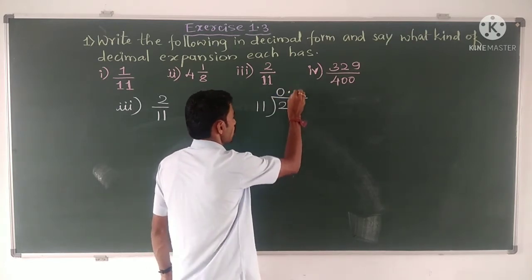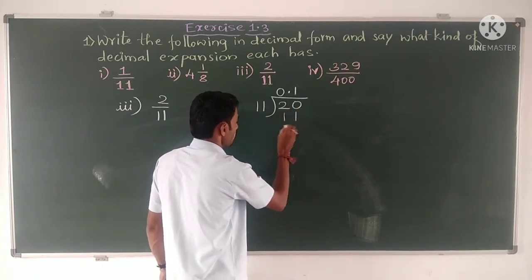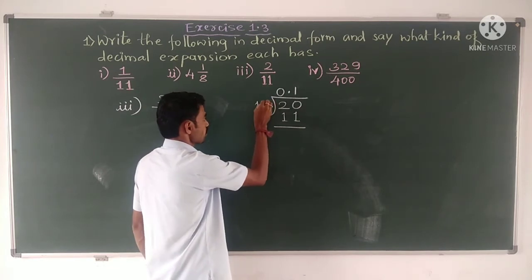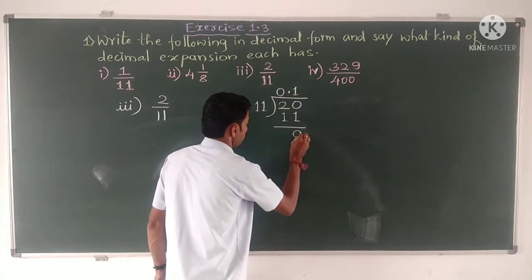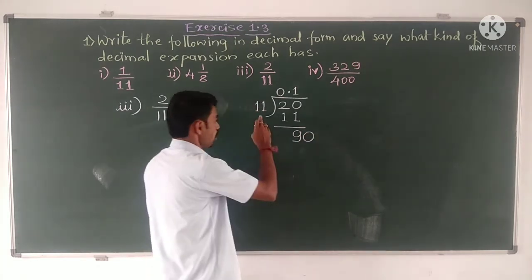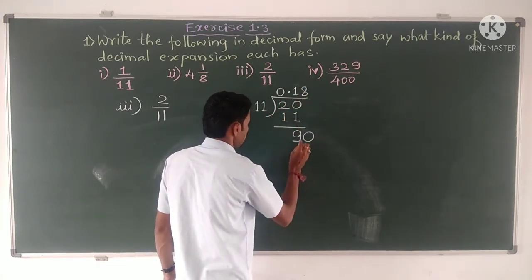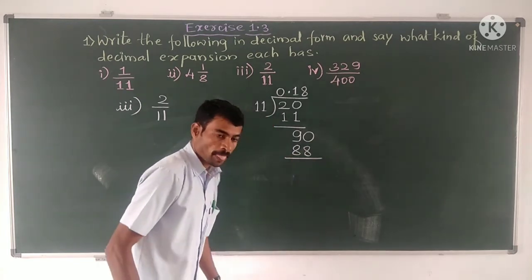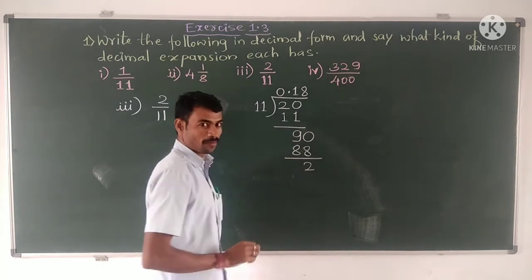Then take 0. 11 ones are 11. 20 minus 11 is 9. Here again take 0. What do we get? 11 8s are 88. 90 minus 88, 2.